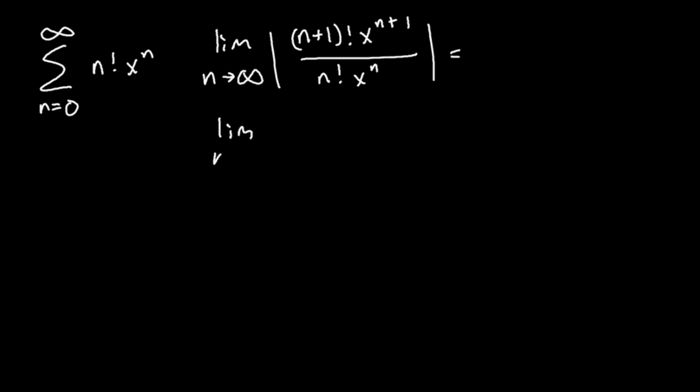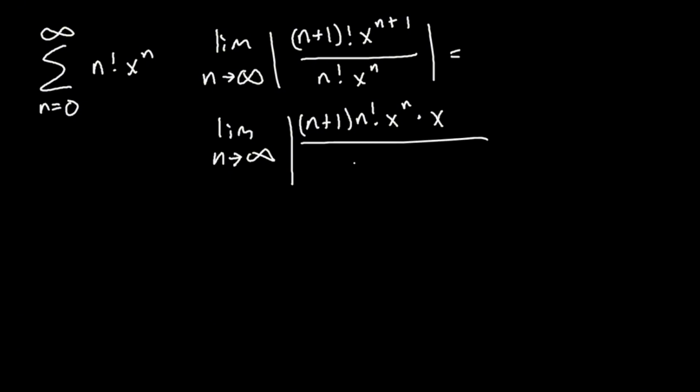We're going to separate this limit to make it simpler to solve, to get (n plus 1) times n factorial times x to the n times x over n factorial x to the power of n. Let's go ahead and separate this, and you simplify this to get your limit.